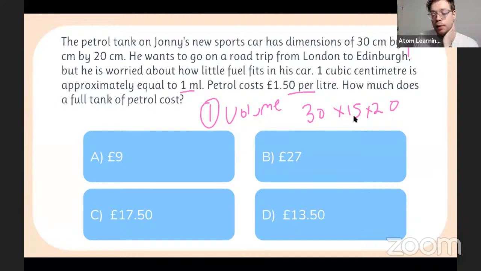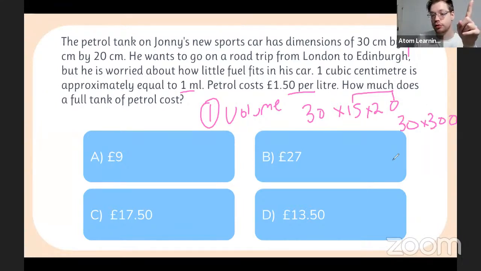So I'm going to do 15 times 20 because that's easier. 15 times 2 is 30, and then I add the extra 0, which gives me 300. So I need to do 30 times by 300.